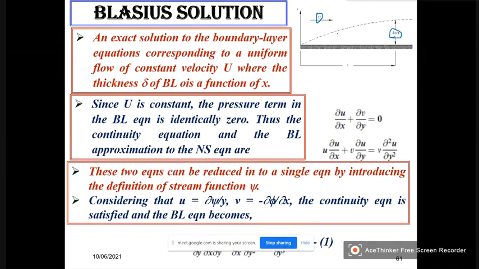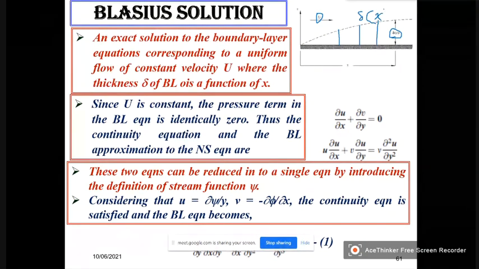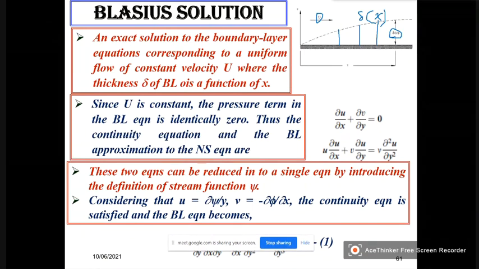That means at any x, delta depends upon x, right? Now, since u is constant, the pressure term in the boundary layer equation is identically 0.